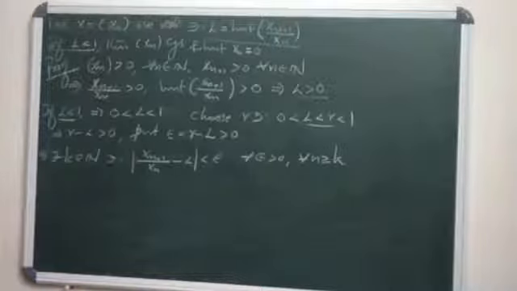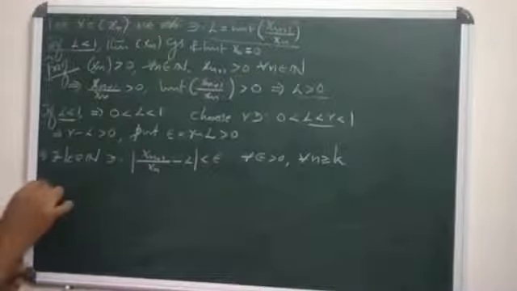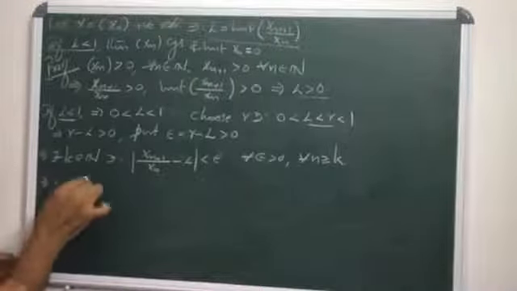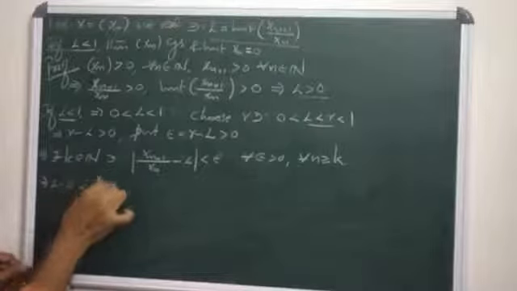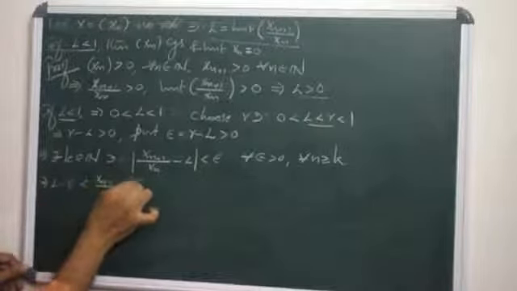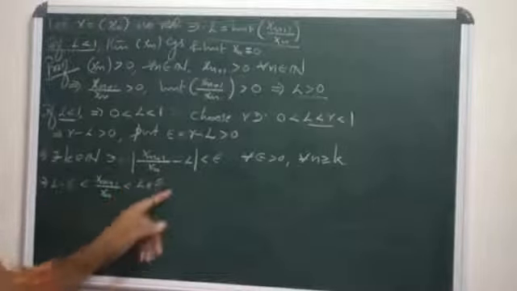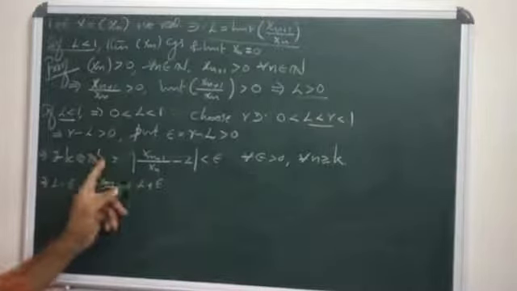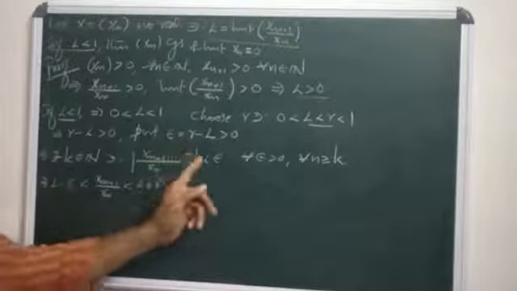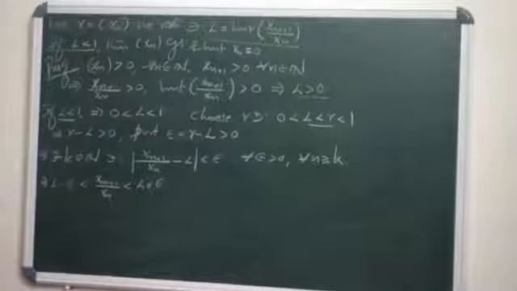So that means minus epsilon less than xn plus 1 by xn minus L less than epsilon. You can add L, then we have L minus epsilon less than xn plus 1 by xn less than L plus epsilon.